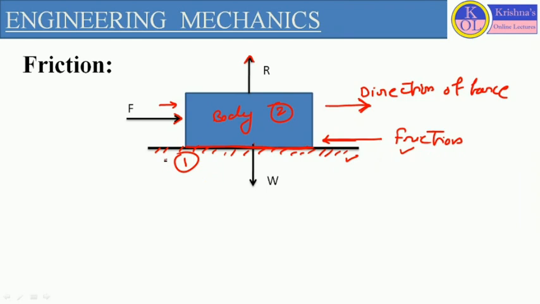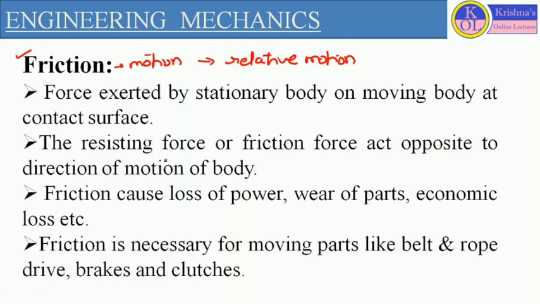So here first I will define friction. What is friction or friction force? If we are considering two bodies where one body is stationary and another is in motion, the force exerted by the stationary body on the moving body at the contact surface is called friction force.